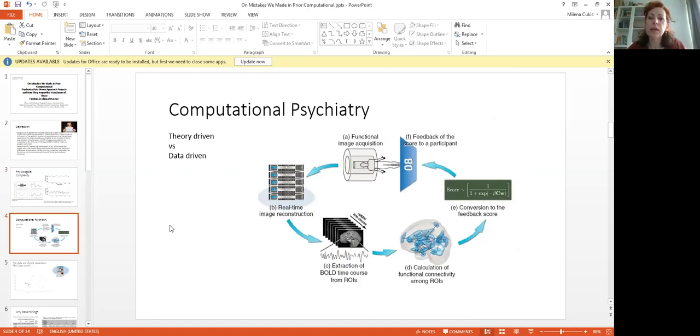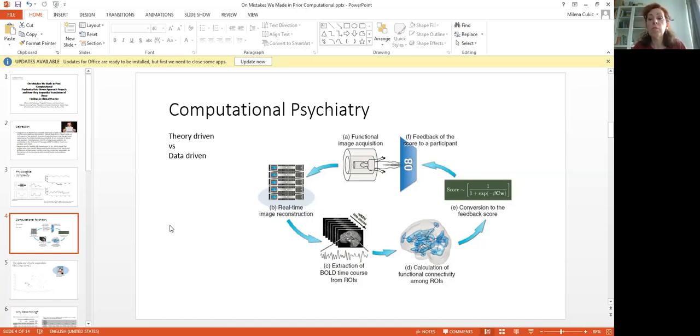The first idea, which is theory-driven computational psychiatry, is that we use some high definition imaging technique to have a structure and functionality of, for example, the brain or other organs, then use other computational methods, so that we can use biomarkers extracted from that research for early recognition of diseases.